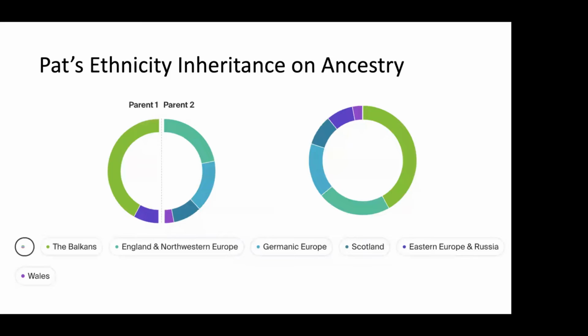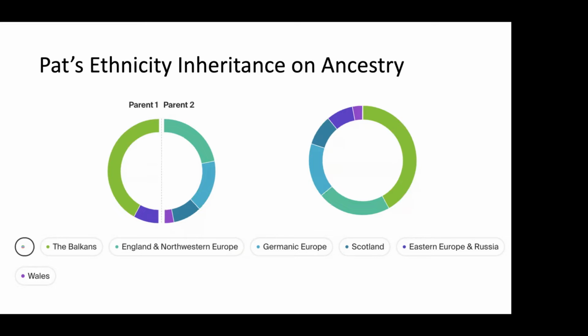Ancestry has introduced a technology called SideView that assigns your ethnicity to your individual parents without testing them. Now, it can't automatically tell you which parent is which, so they name them parent 1 and parent 2. The ethnicities are color-coded by the regions listed below.